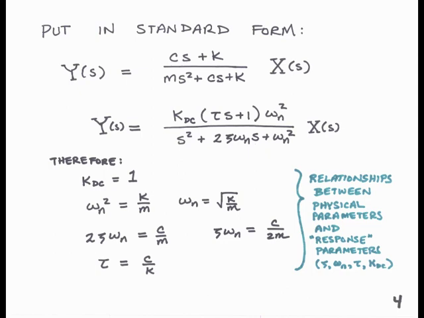And then finally, the tau in the numerator is given by c over k. We've put the transfer function in this standard form with these new parameters, DC gain, tau, omega n, and zeta, so that we can better understand how the system responds in terms of the parameters that appear in the transfer function.